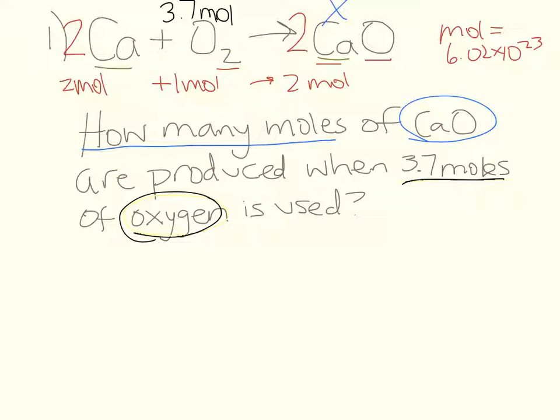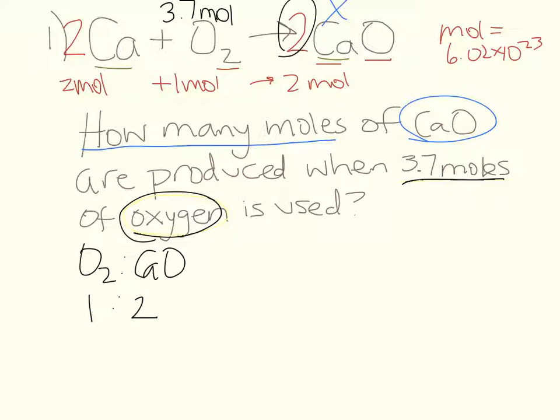So our ratio between oxygen to calcium oxide is what? In the recipe, it's 1 to 2, because oxygen has a coefficient of 1 and calcium oxide has a coefficient of 2. So we have a 1 to 2 ratio.